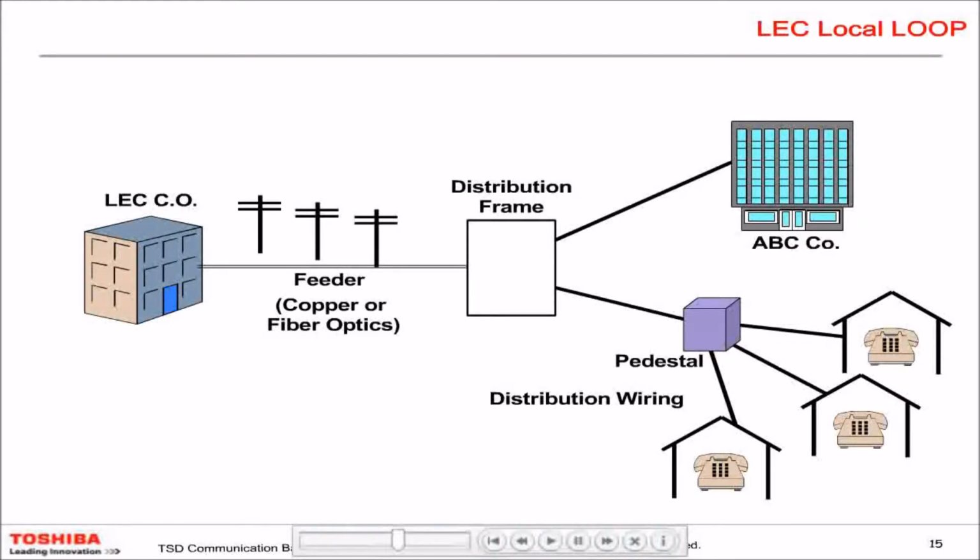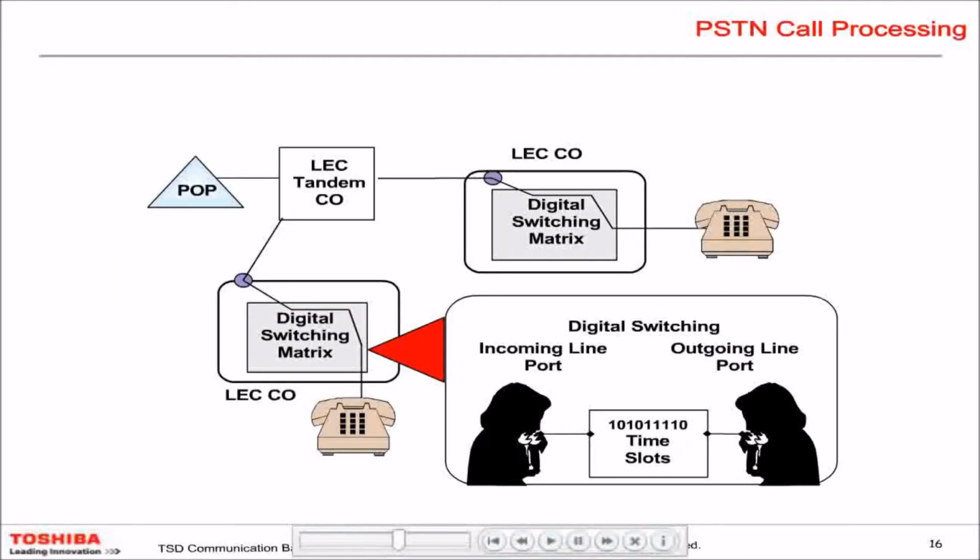Let's cover the steps in the circuit switch calling process using an analog or home phone for the example. The caller lifts the handset and sends a loop start signal. Some businesses may use ground start if required by the customer premise equipment, or CPE. The central office detects the loop start signaling, and then the CO provides the dial tone. The CO collects the DTMF or pulses, and the call is routed by a network switching matrix and time slot interchanges.